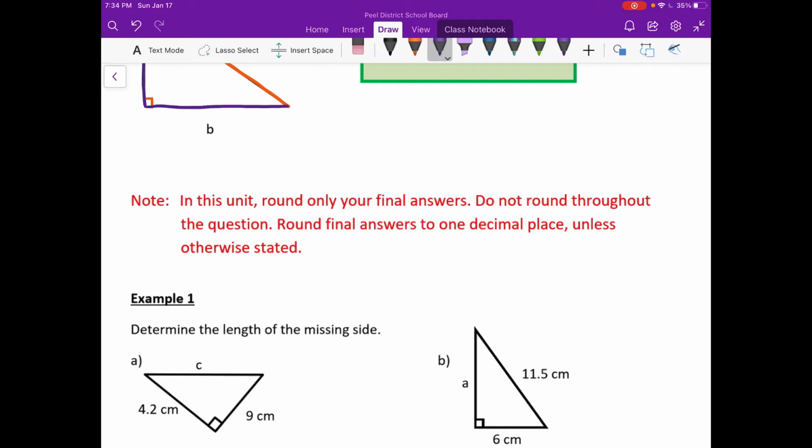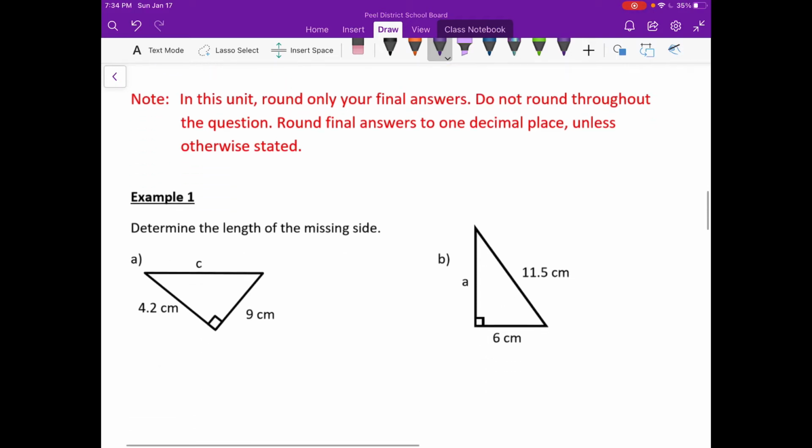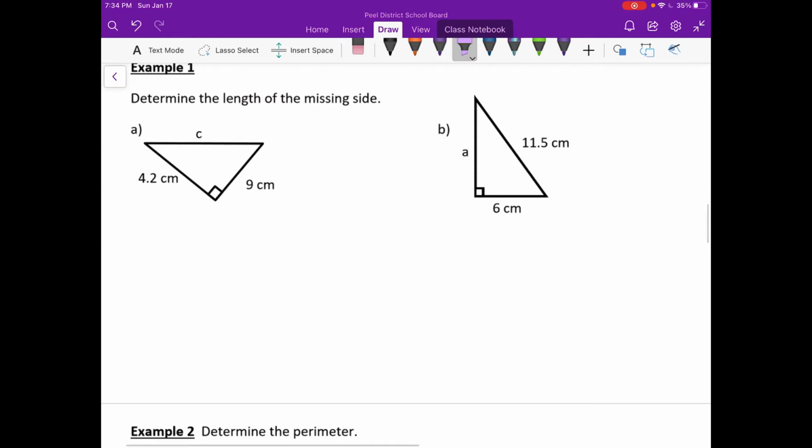And I'll show you tomorrow if I can figure out how to show you on the screen, okay? All right, and then round your final answer to 1 decimal place only unless it's otherwise stated. So our typical will be round to 1 decimal place only, but sometimes I might ask you to round to more than 1. Okay?